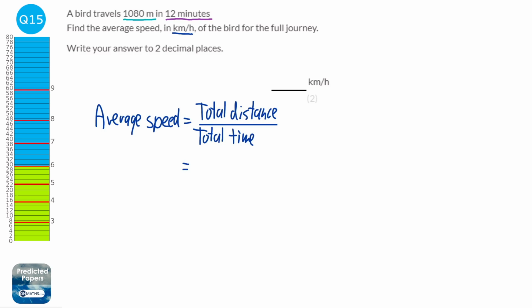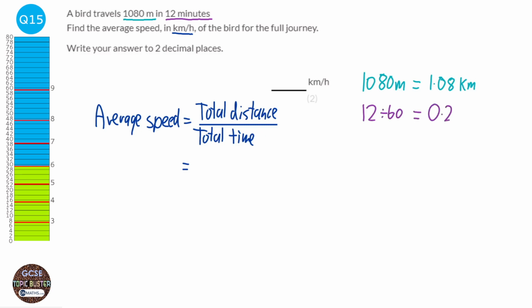So we just need to do some basic conversions. So 1080 meters is going to be 1.08 kilometers, because there are 1,000 meters in a kilometer, so all we need to do is just divide the meters by 1,000. Minutes are a little bit trickier. To get from minutes to hours, all we need to do is divide by 60. And so when you divide that by 60, you get 0.2 hours.